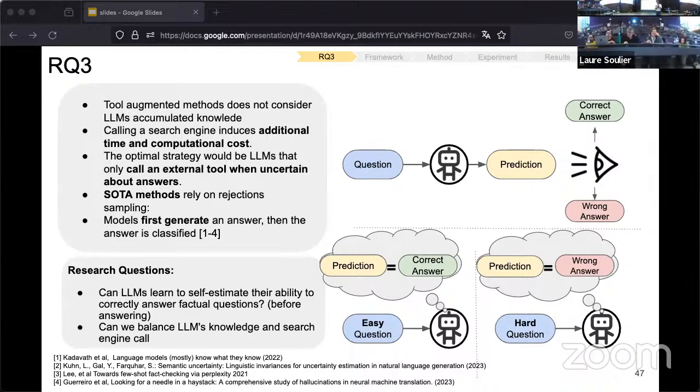Yes. So basically in the literature, when we want to evaluate the ability of the model to restitute knowledge, we use question answering datasets, which are composed of questions and annotated answers.